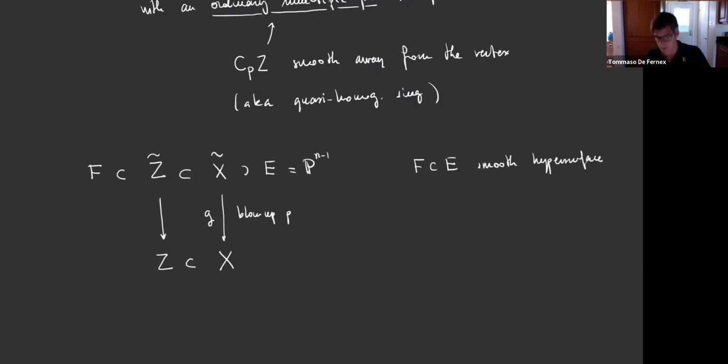And the degree of F will be exactly the multiplicity of the point on Z. And moreover, if I look at the proper transform of Z, the blow up of Z, and I intersect with E, this is F, and this intersection is transversal. So another way of saying this is that F is cut out scheme-theoretically as a reduced intersection.